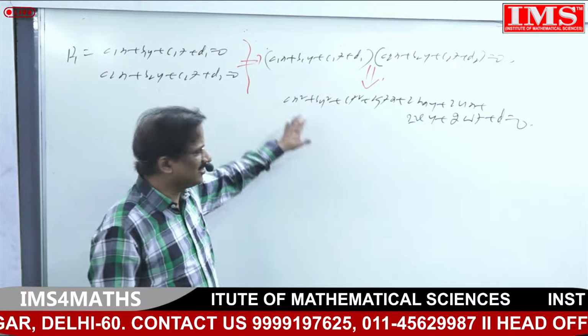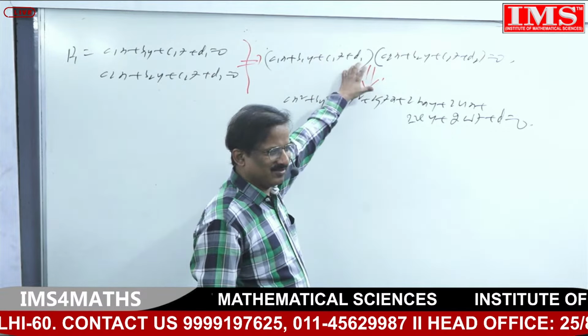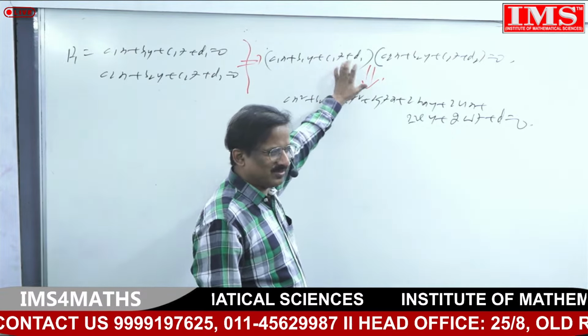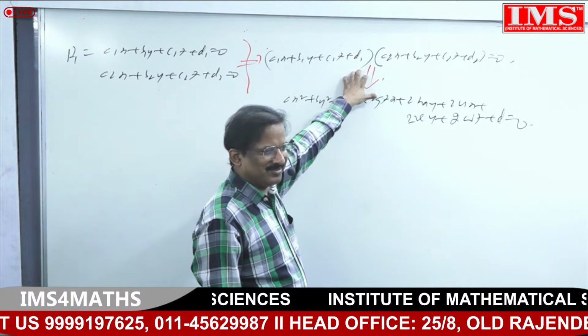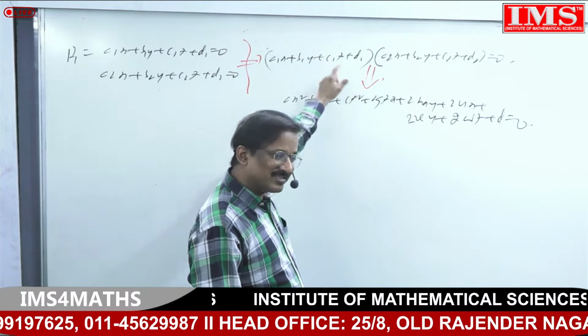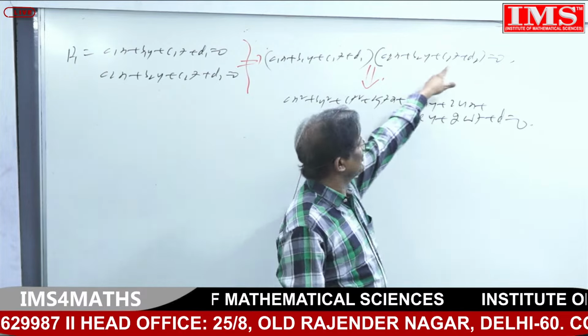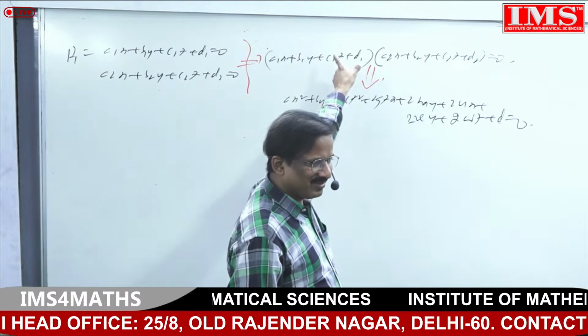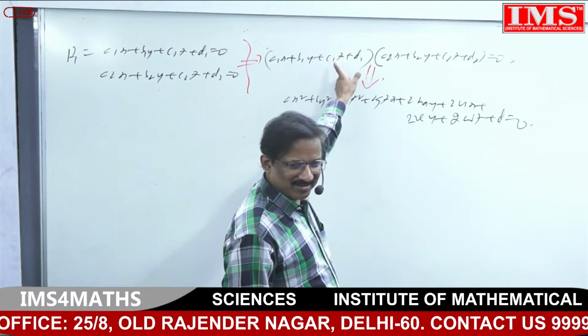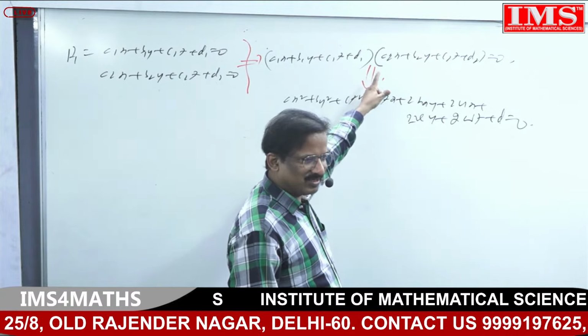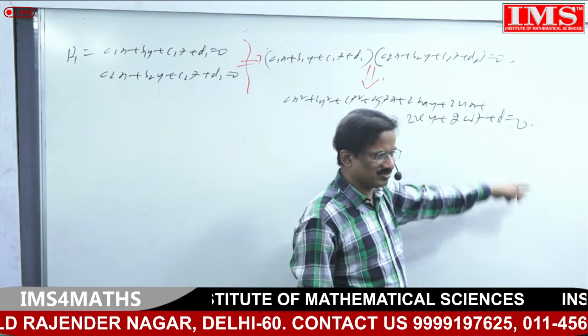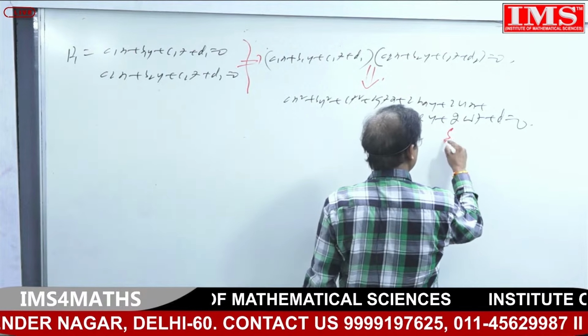You will get x square term, y square term, z square term, xy term, yz term, zx term and x term. How do I get x term? a1x into d2, that's the x term. I can get the y term alone, z term alone, and lastly the constant also.